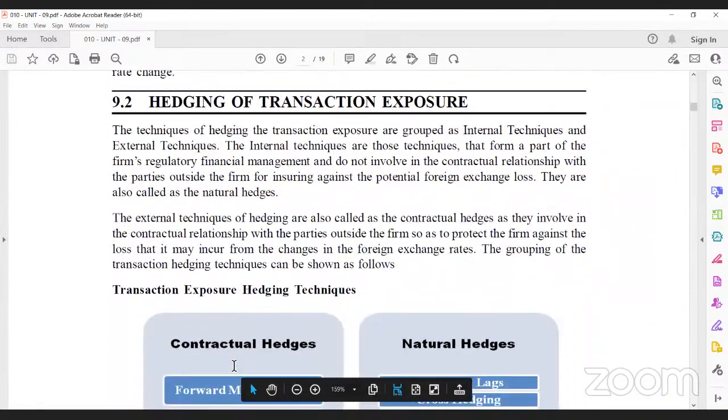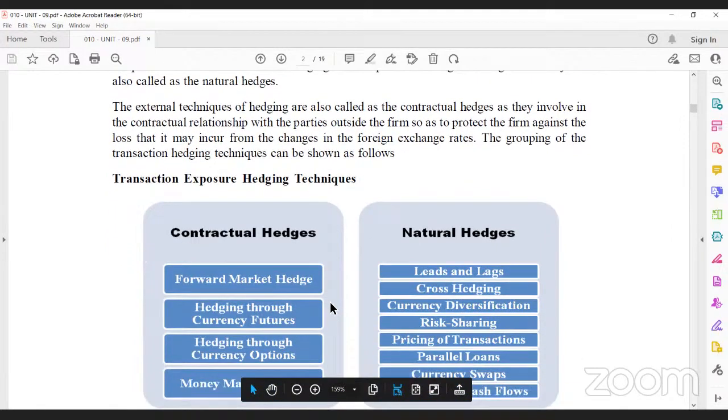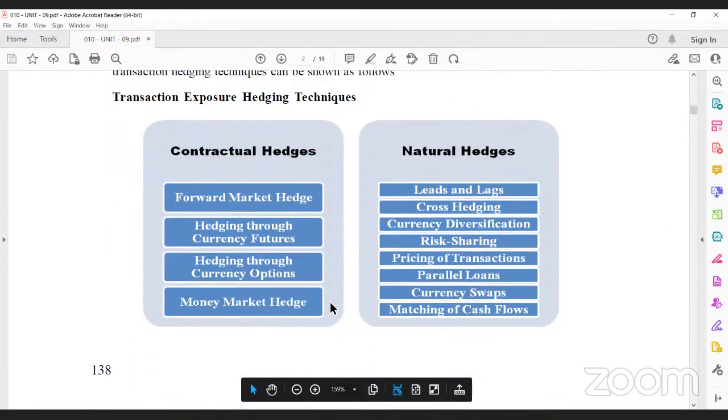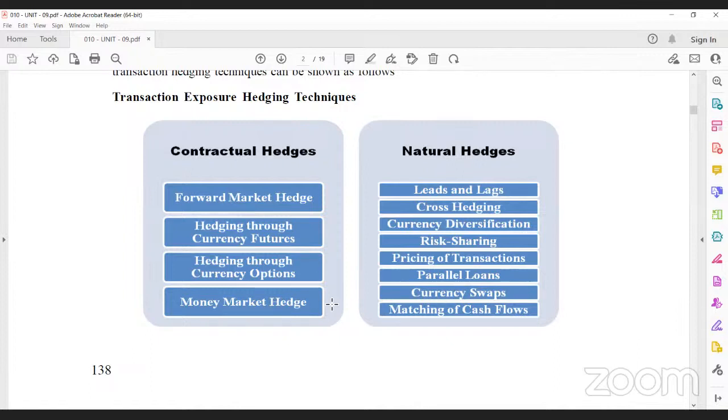Okay, so the next topic is hedging of transaction exposure. Under this, we focus on understanding broadly two types of hedging techniques. One, contractual hedges. Second, natural hedges.